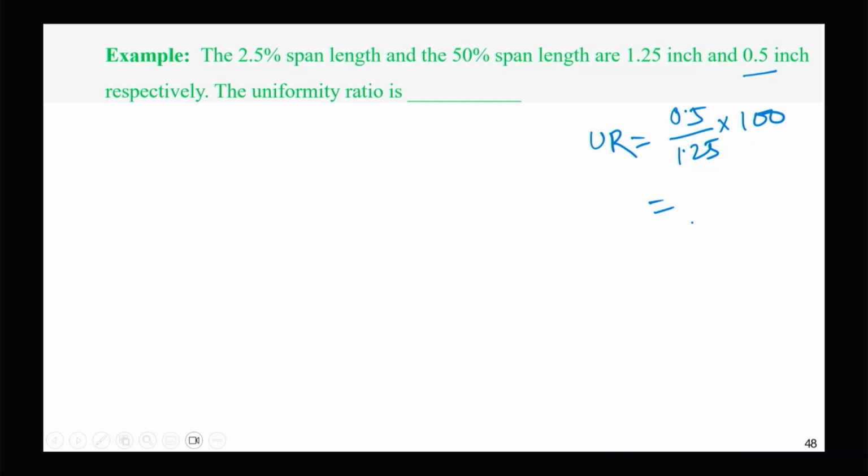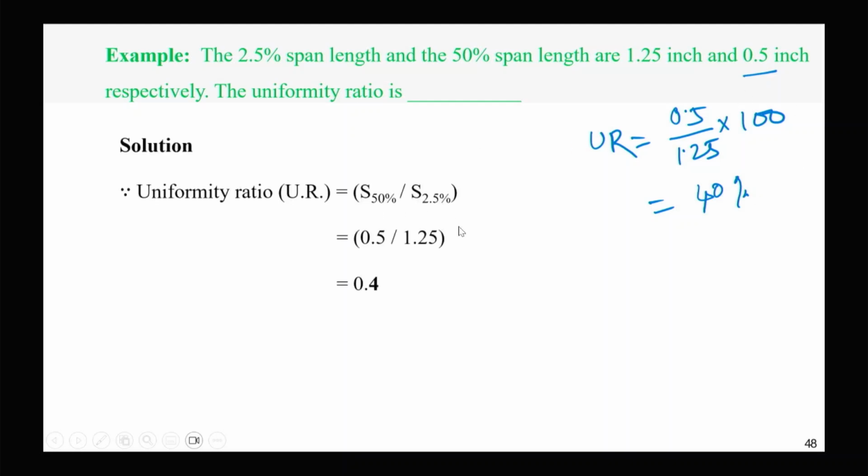It will become 40%. So these are small one-step numericals. You can express in terms of the fraction also. Typically, both ways you can express.